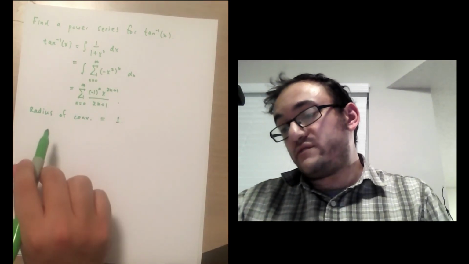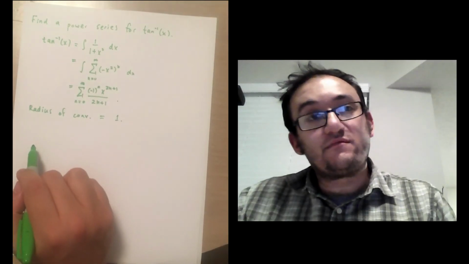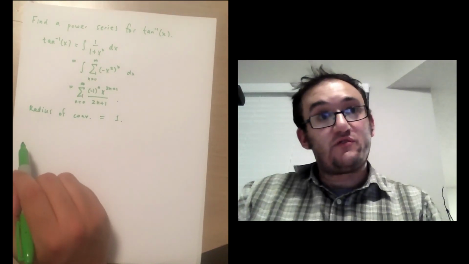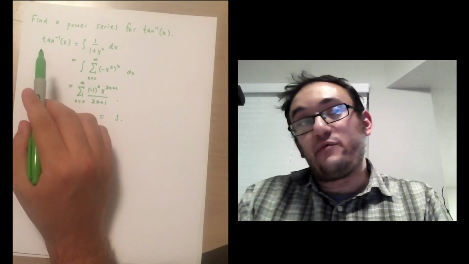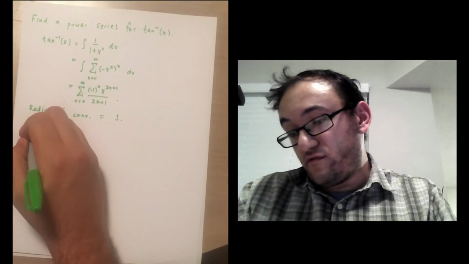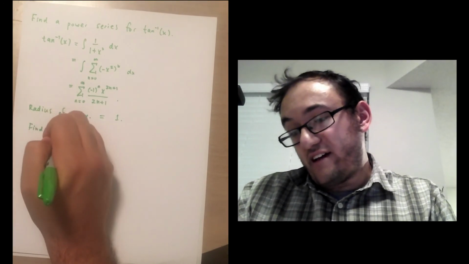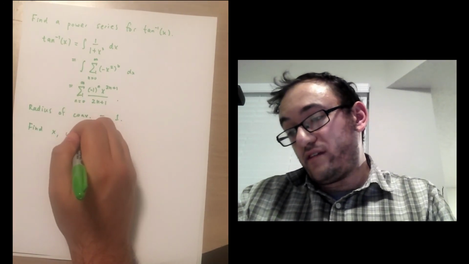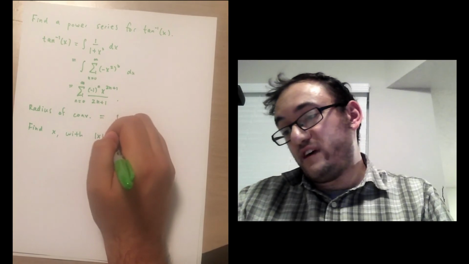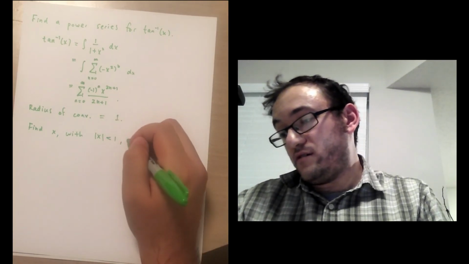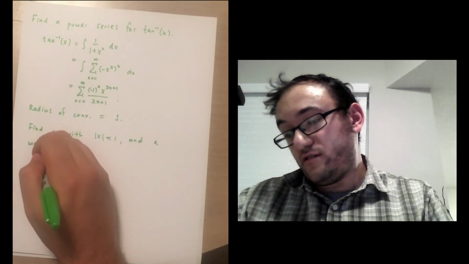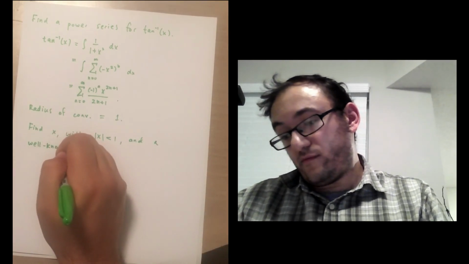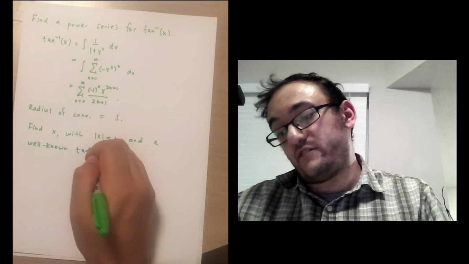Okay, so given that our radius of convergence is 1, we want to take a value of x which is smaller than 1, and which gives us some multiple of pi in its arctangent. So find x with absolute value of x less than 1 and a well-known arctangent value.